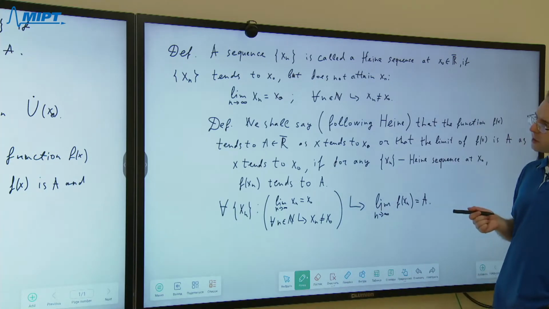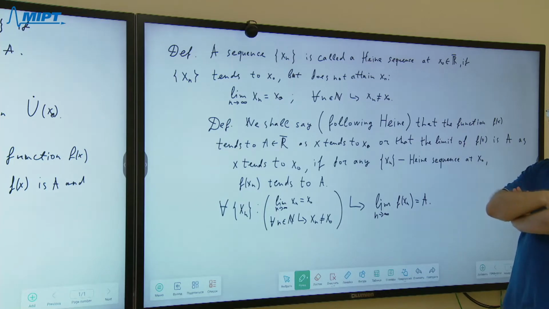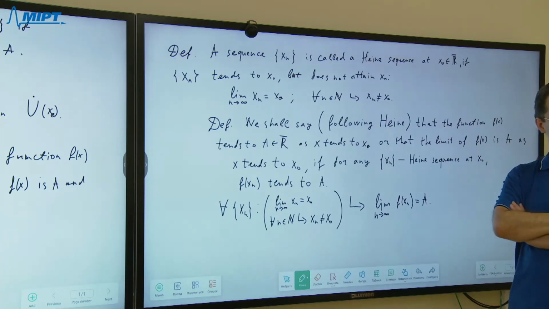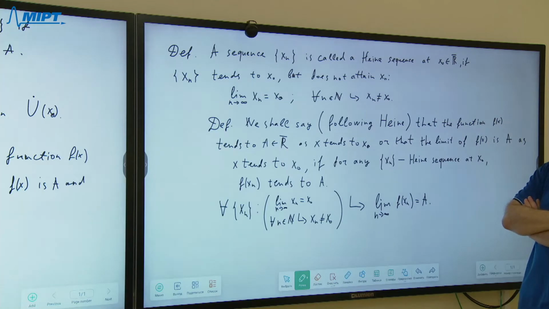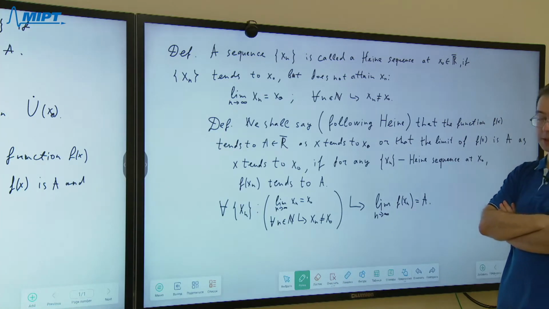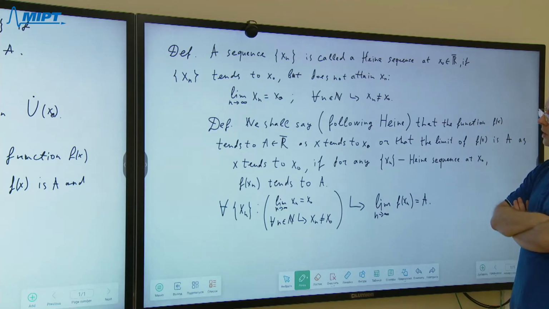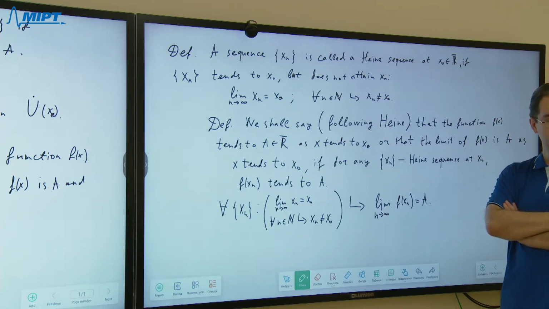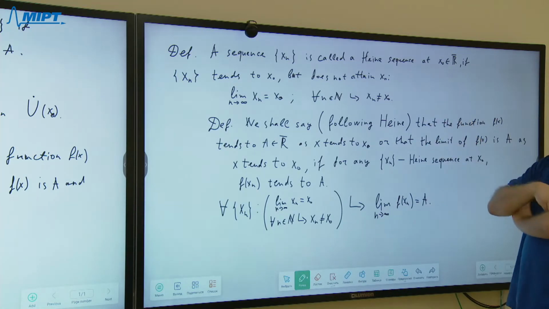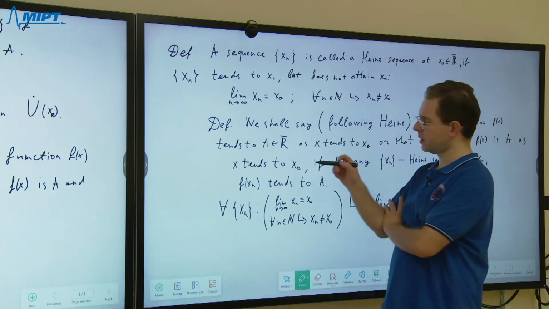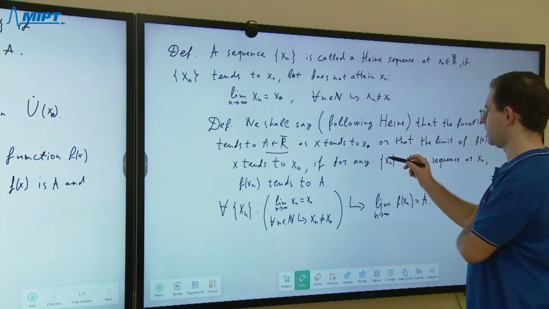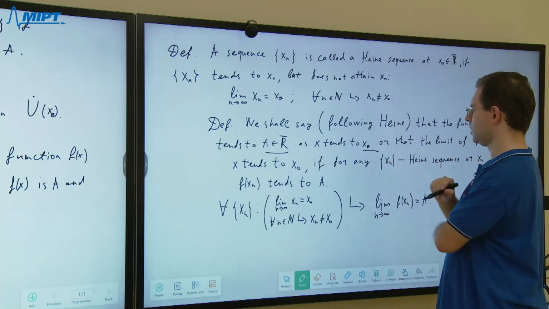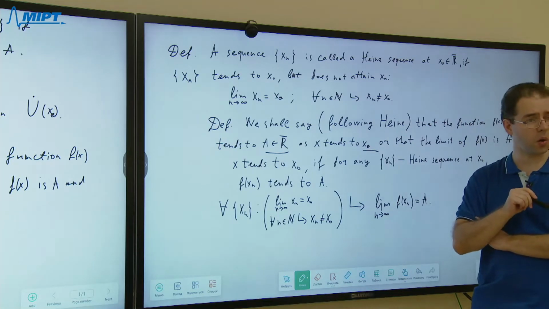So this definition uses our knowledge about limits of sequences to construct a definition for the limit of the function. Note that everywhere here, I let number a and number x0 be any real number or infinity.